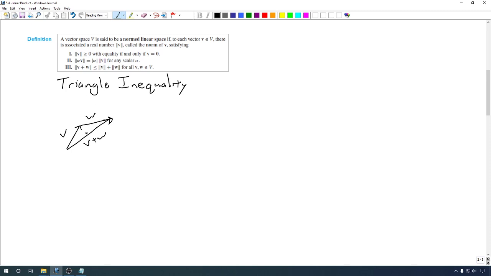And what the triangle inequality is saying is that the distance from just going directly from here to here is shorter than the distance if we made a detour following v and then w. In that sense, it makes a lot of sense, but this is going to have to be true even if this norm is not really a property of length, maybe our vectors are functions, something like that.